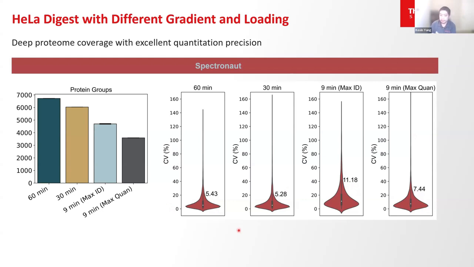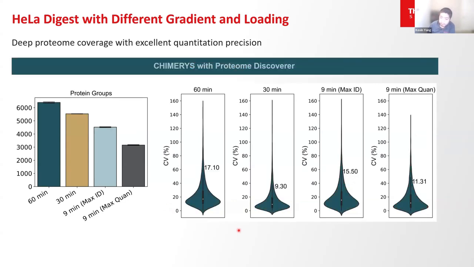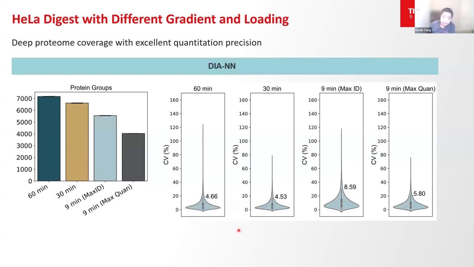So altogether, what we're trying to show here is you have different options. You can run 60 minutes, 30 minutes, or even higher throughput, depending on what you need to run, what data you're trying to get. Orbitrap instruments provide you the flexibility. Similar results were found on different software such as Chimerys with Proteome Discoverer or DIA-NN.